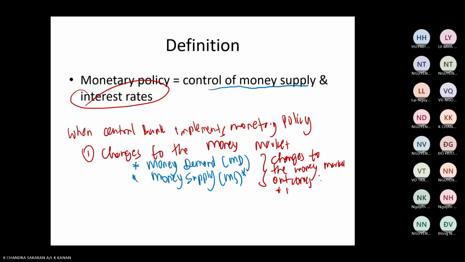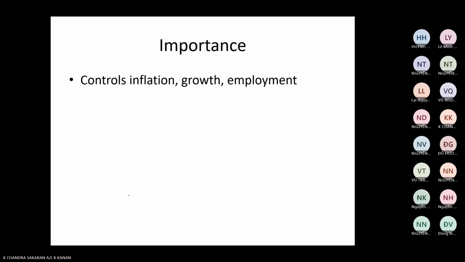Interest rate will change. And number two, there will be changes to money supply, the quantity of money. So these are the outcomes of the money market. So how do you want to show this outcome? You have to use the money market model. The money market model must have money demand and money supply.